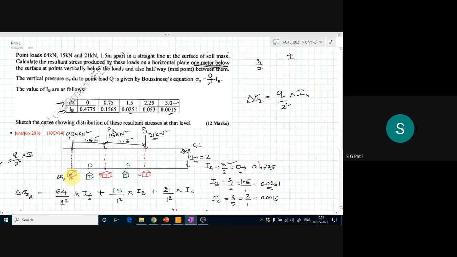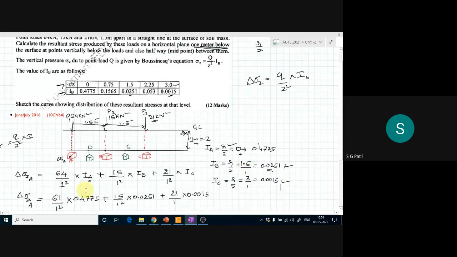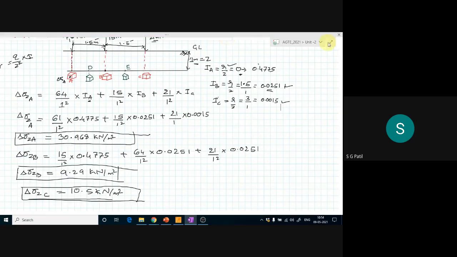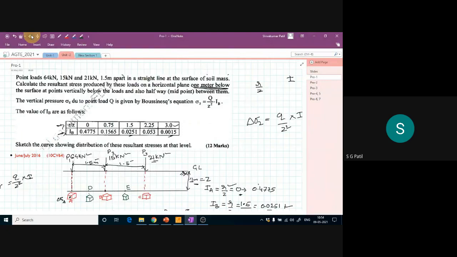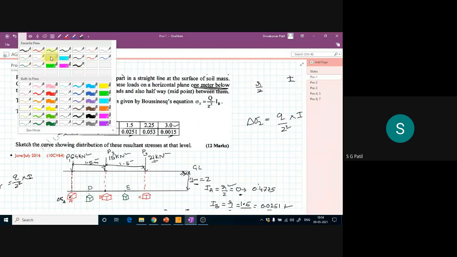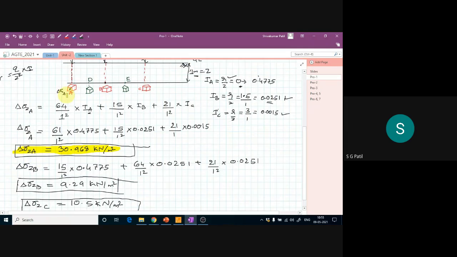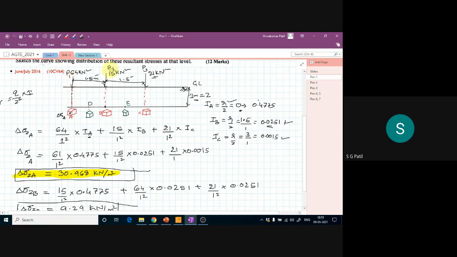Let me write the loads as P1, P2, P3. Delta sigma Z A is nothing but the increase in stress at point A due to P1, P2, P3.